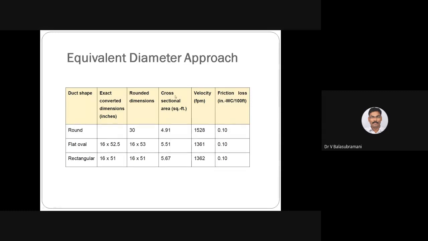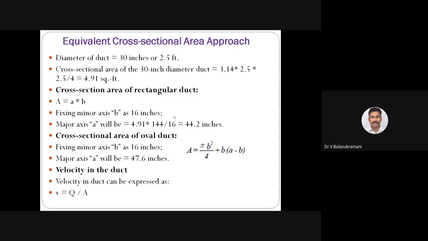So this is the equivalent diameter approach. Using the equivalent diameter approach, what we get is that the frictional loss is a constant. But in the equivalent cross-section area approach, the cross-section area is maintained as a constant for 3 types of cross-section.